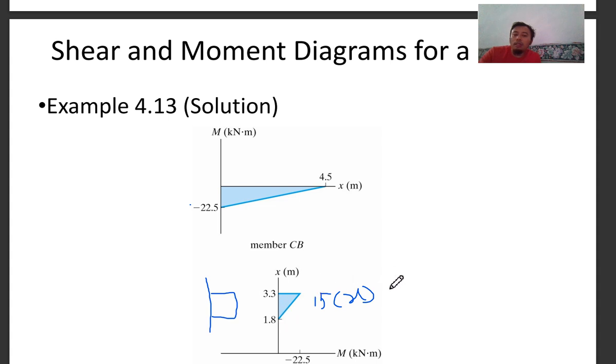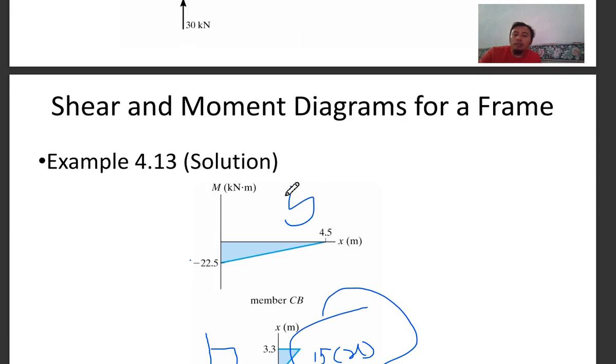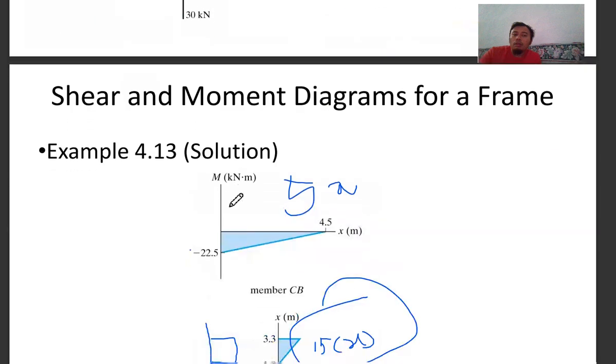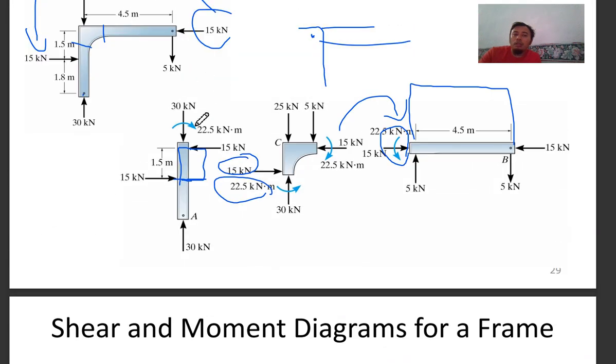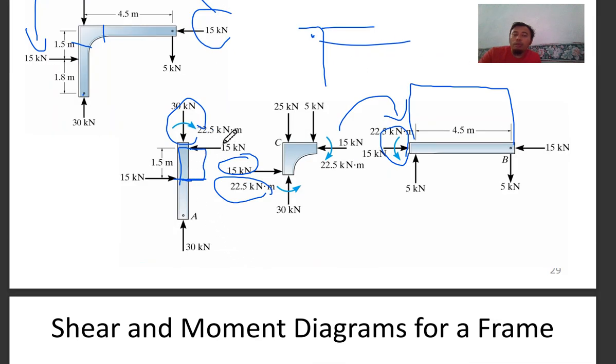This is a linear relationship, linear graph. Same goes to here. The function will be 5 times x. But you have a moment here. Same goes to here, you have a moment here, 22.5. So at the end of the analysis, at the end point, you need to add 22.5 kilonewton meter.